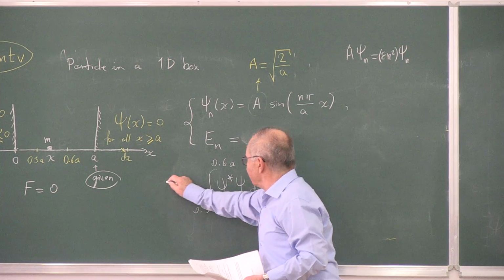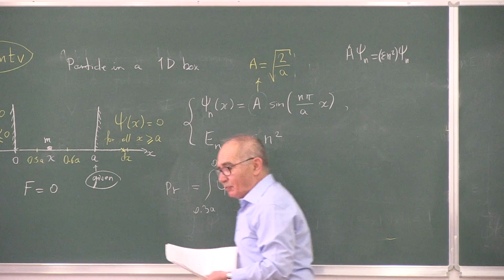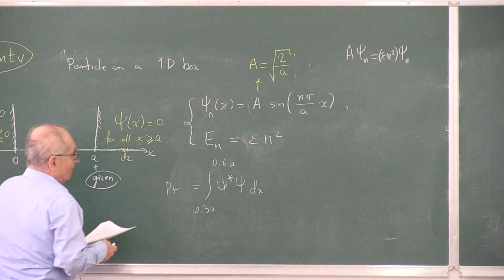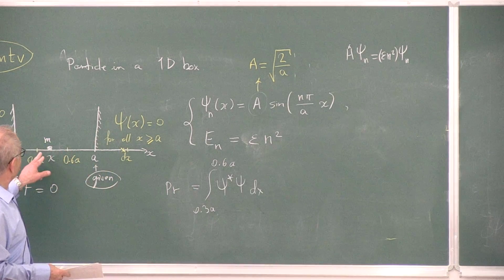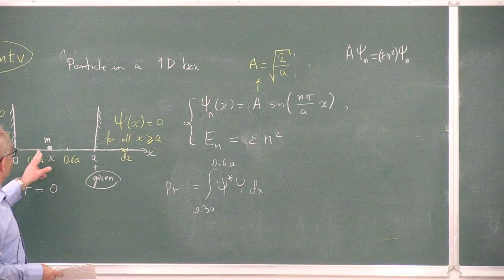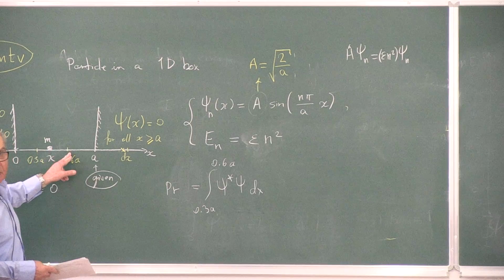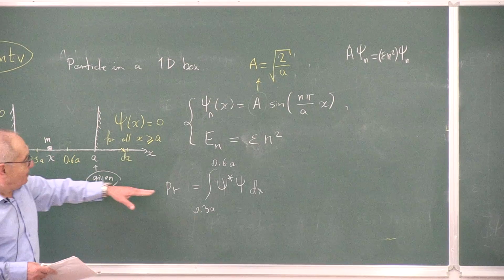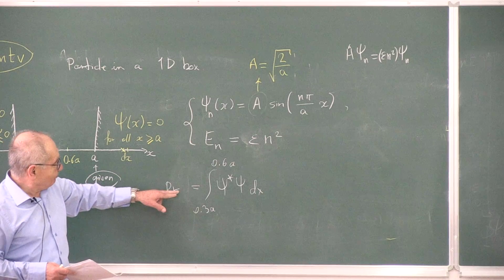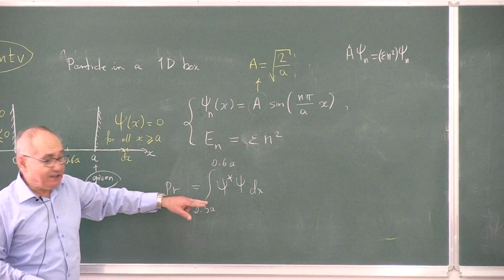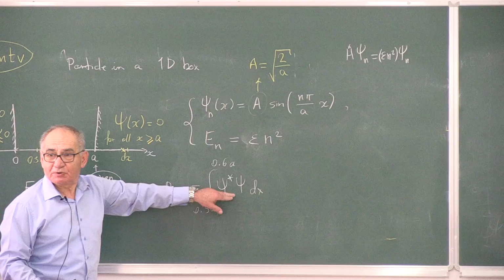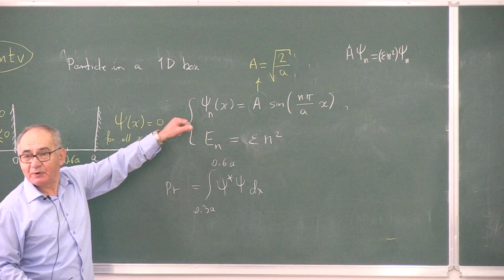This will give us the probability of finding the particle anywhere between 0.3a and 0.6a. The numerical value will be different depending on which psi you put here. How many different psi's do we have?